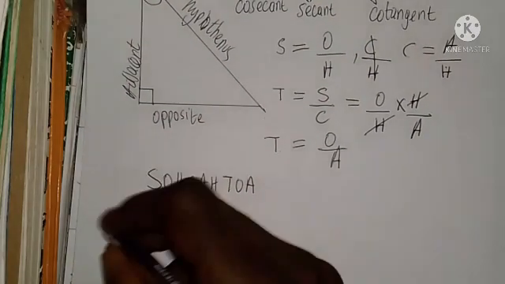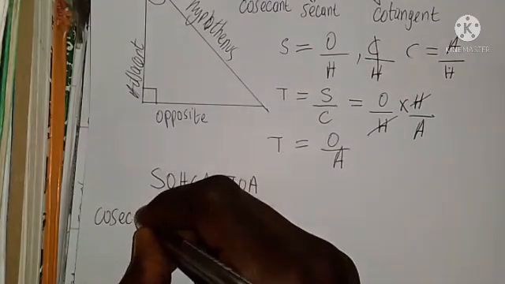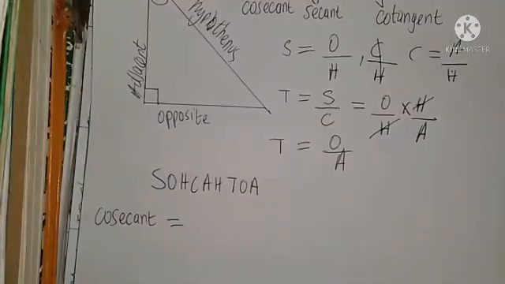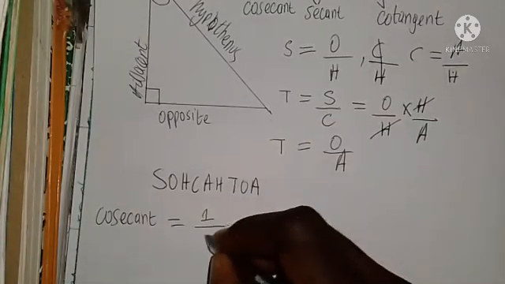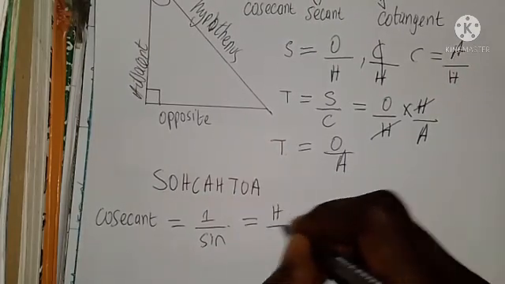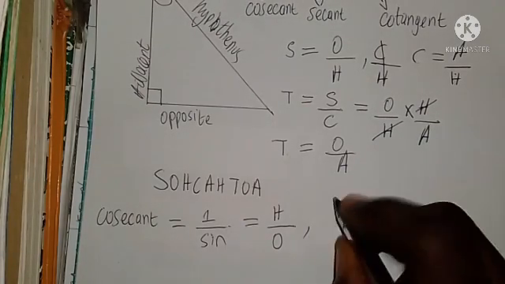Cosecant is the reciprocal of sine, so it's 1 over sine, which is equal to hypotenuse divided by opposite.